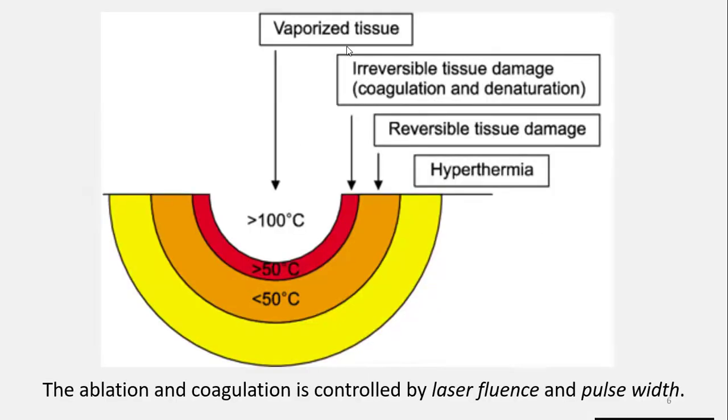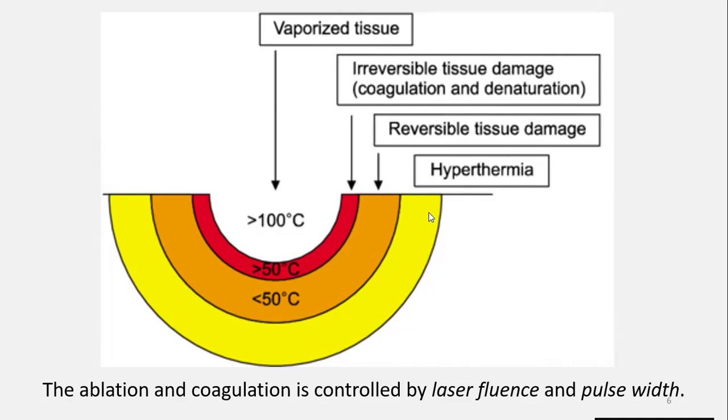This diagram will help you understand that when the CO2 or erbium YAG laser pulses are delivered, there is a zone of vaporization where the tissue is completely lost. Surrounding this vaporization zone, there is a zone depicted in red color, which is irreversible tissue damage, that is coagulation and denaturation. Beyond this zone is reversible tissue damage.